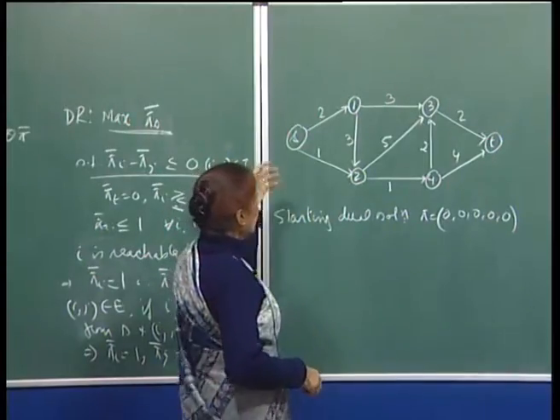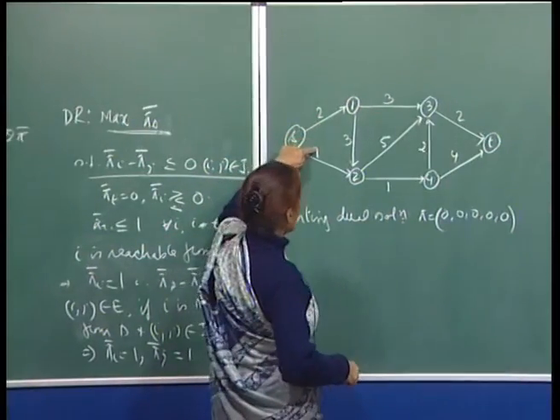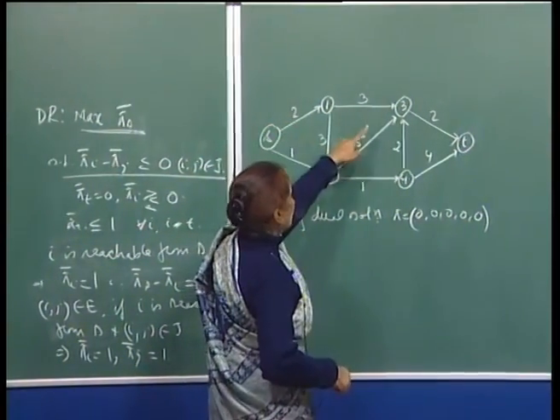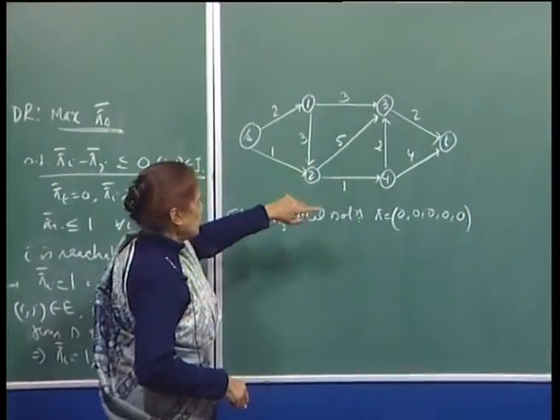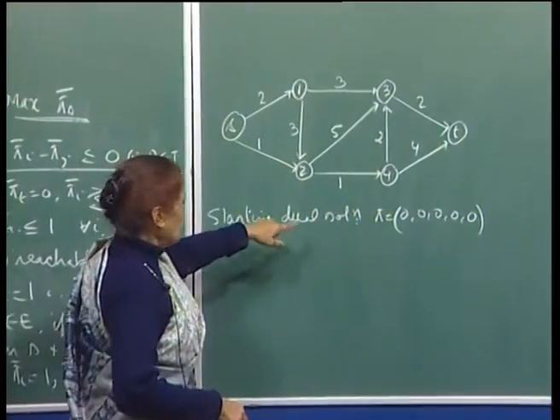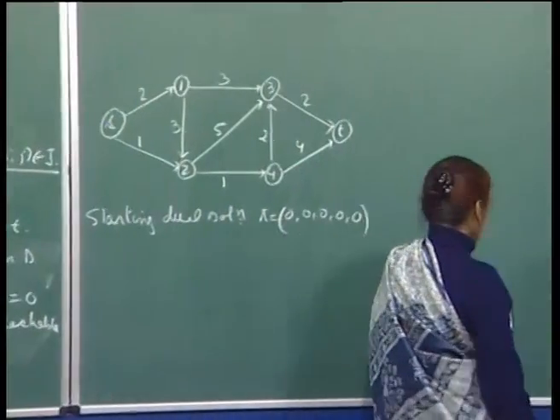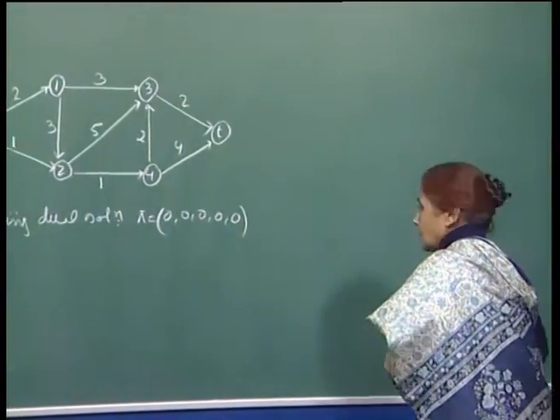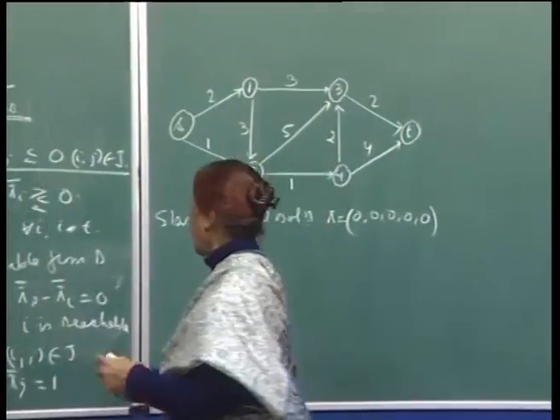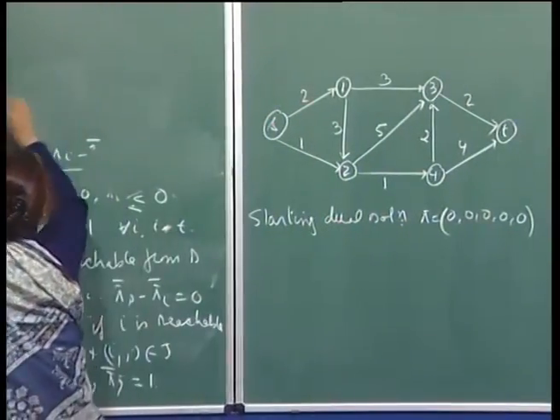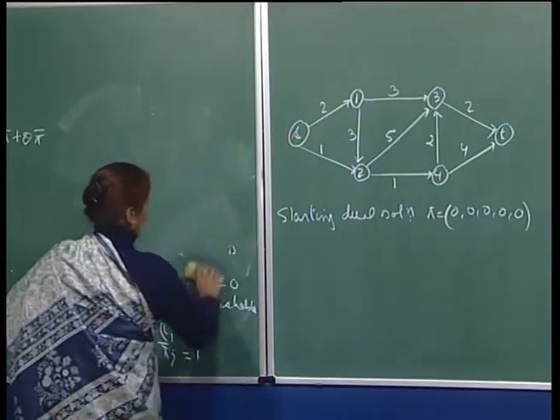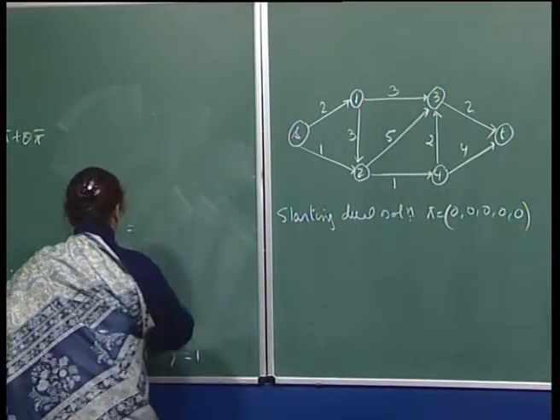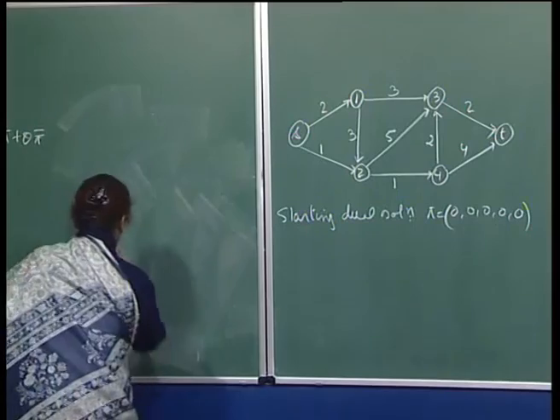Here you see the numbers on the arcs give you the weights, the Cij's, and they are all non-negative. So, for the dual constraints, I can straight away write the dual solution, I do not need to write the primal.